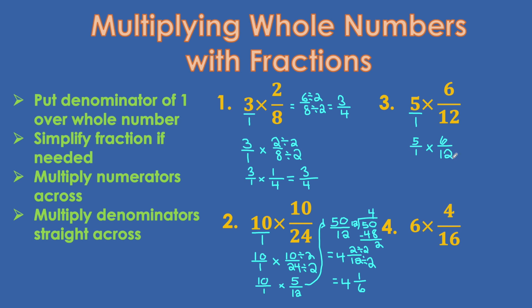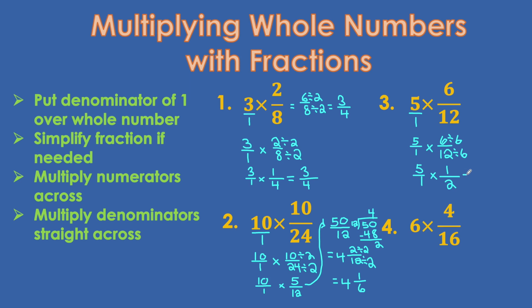Find the greatest common factor. That's how we would simplify. We can use the common factor of 6. That would be the greatest common factor between 6 and 12. Divide top and bottom by 6. 5 over 1 times, 6 divided by 6 is 1. 12 divided by 6 is 2.